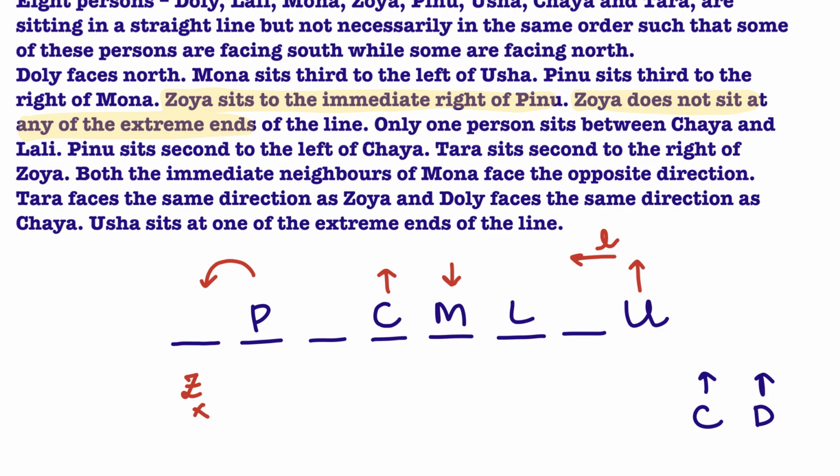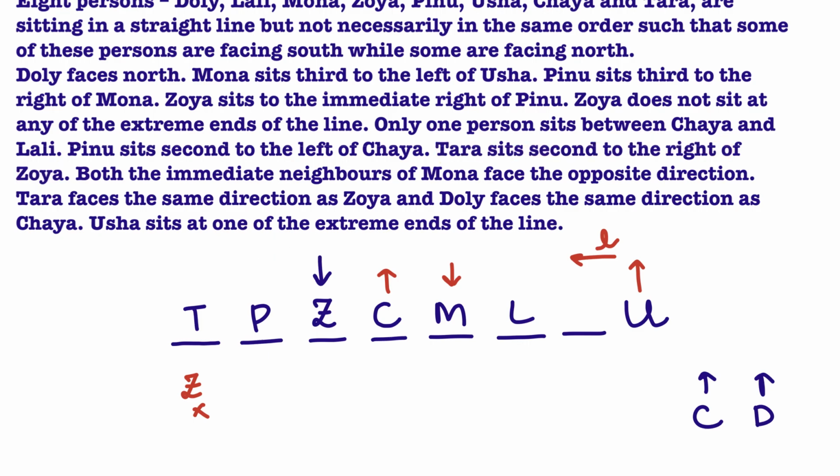So the only place left out for Zoya is this one. Then he said Tara sits second to the right of Zoya. Okay, now if Zoya is facing towards south, this happens to be Zoya's right side. First right, second right, which means I need to take Tara here.